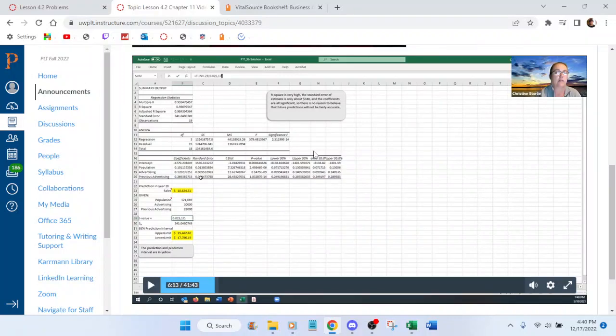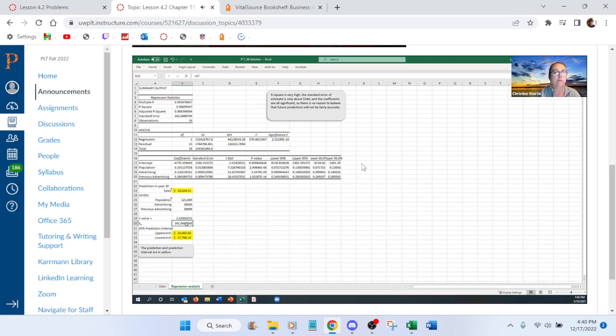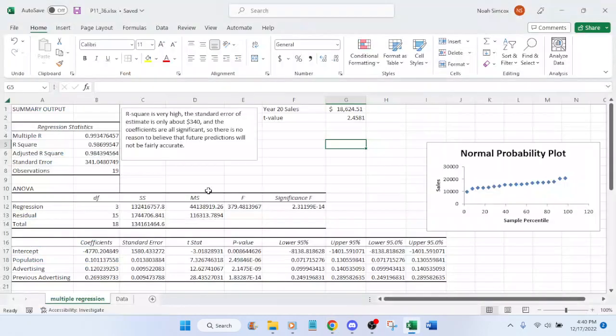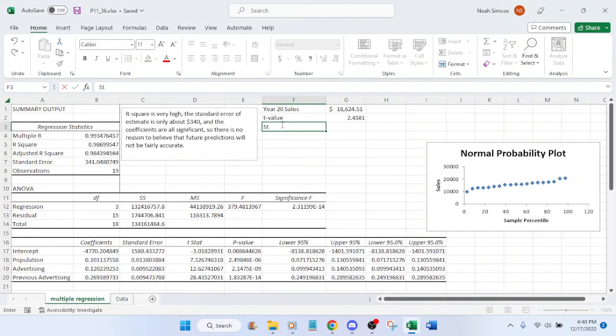The t-value is 2.4581. The standard error is just copied from the cell in the regression output.